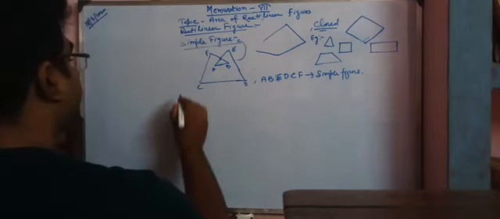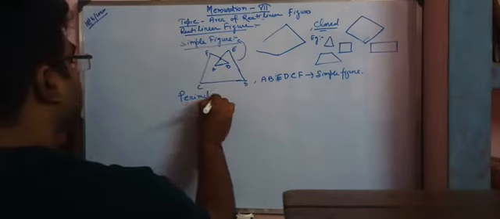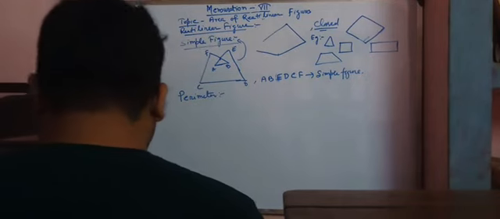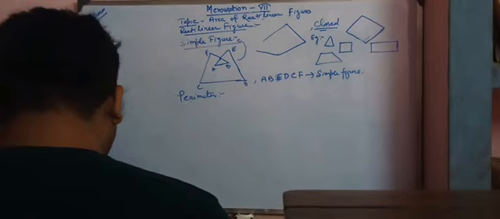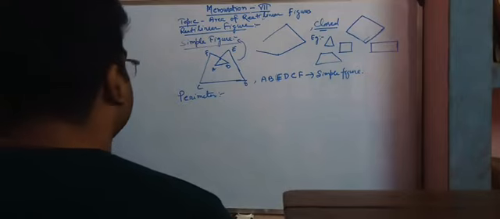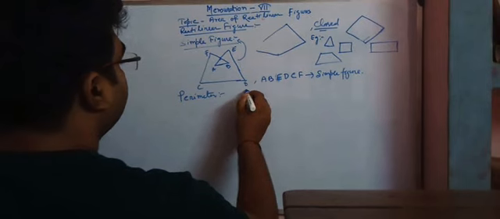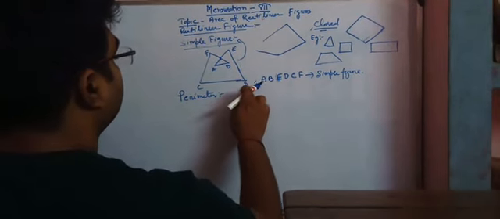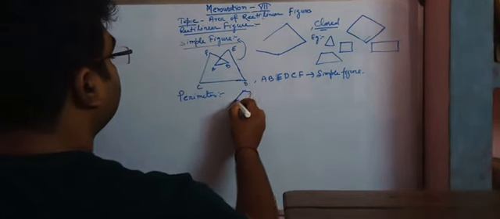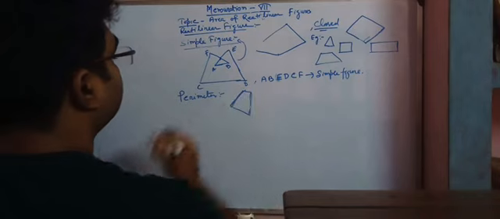Next, come to perimeter. The perimeter of a plane figure is the length of its boundary. Suppose this is a figure. Perimeter is this path, starting from here. If we take a triangle, this is the perimeter.